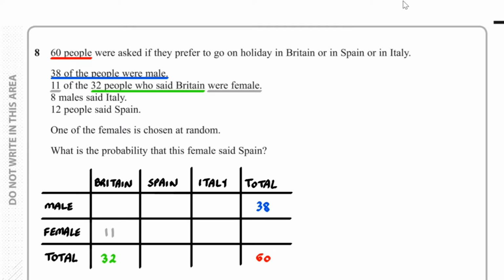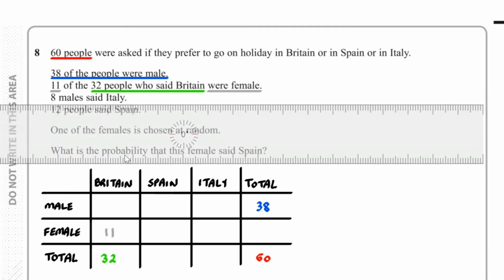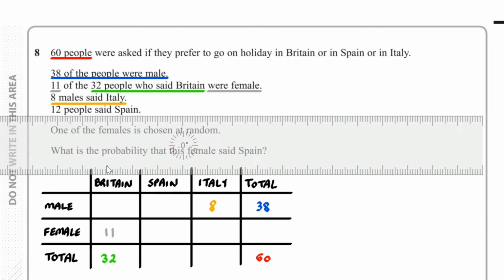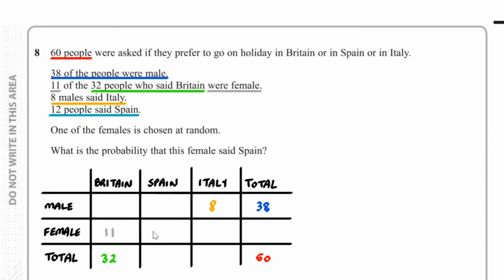We also know 8 males said Italy, so we have 8 males for Italy, and we know that 12 people said Spain, so in total we have 12 for Spain.